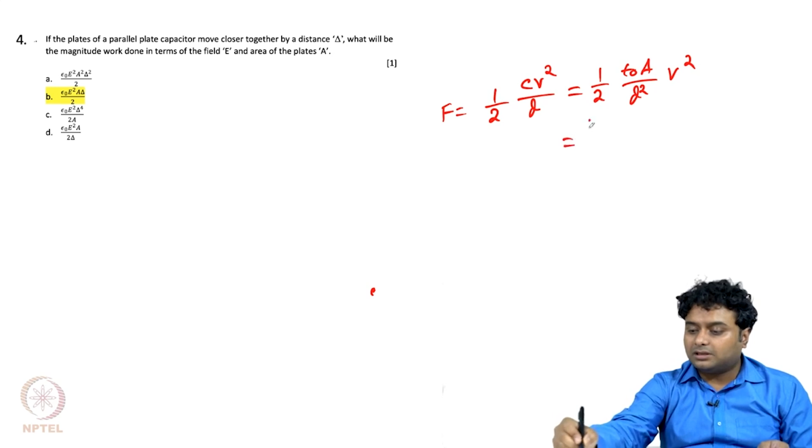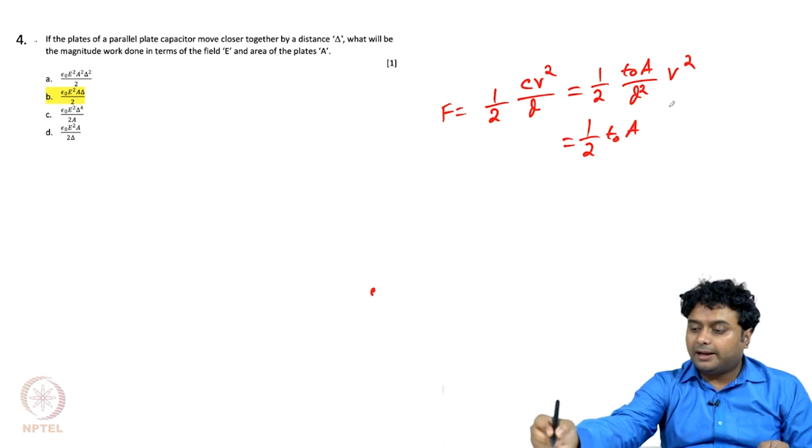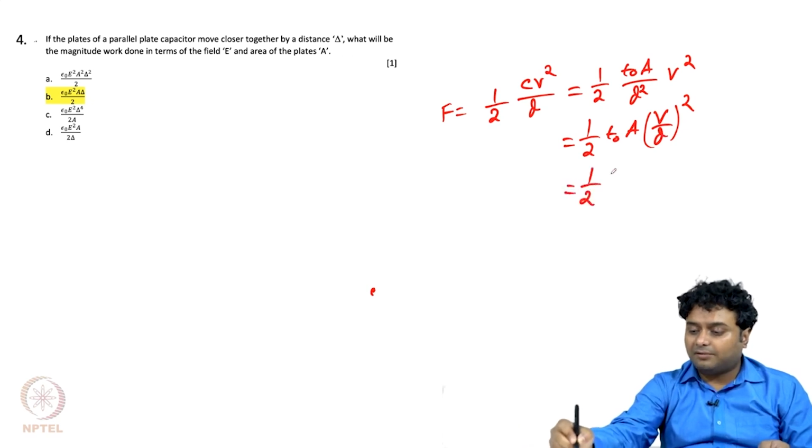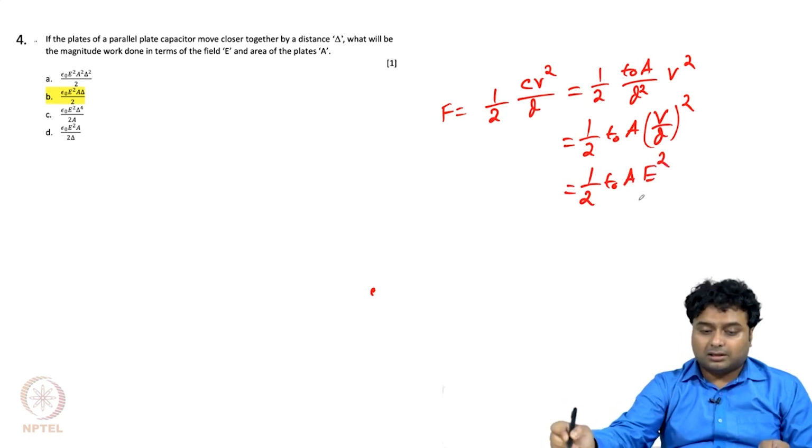Now you see this is half epsilon naught A into (V by d) square. Now what is this V by d? V by d is ultimately potential by the distance, so that is my electric field. So I can write it as half of epsilon naught A into E square.